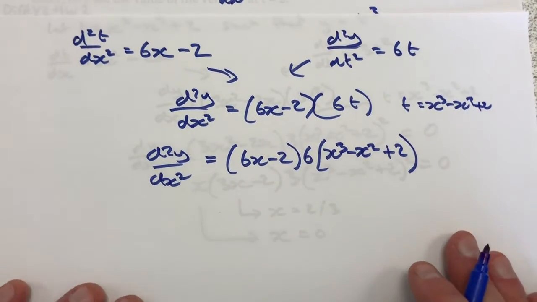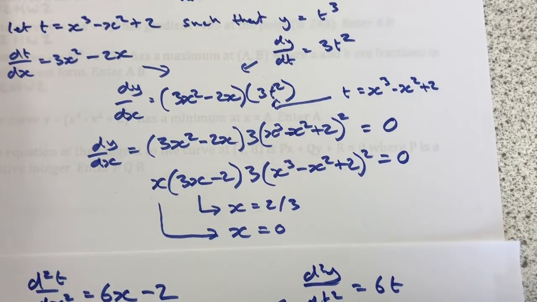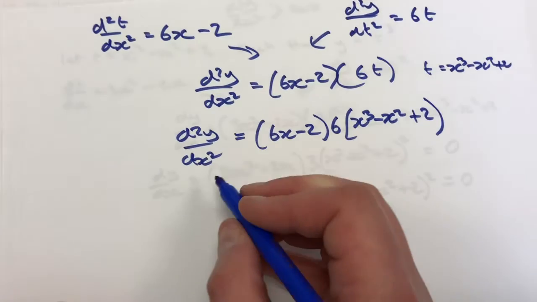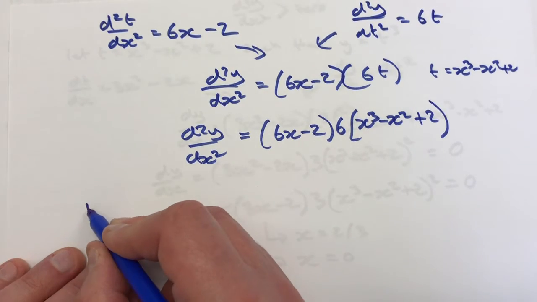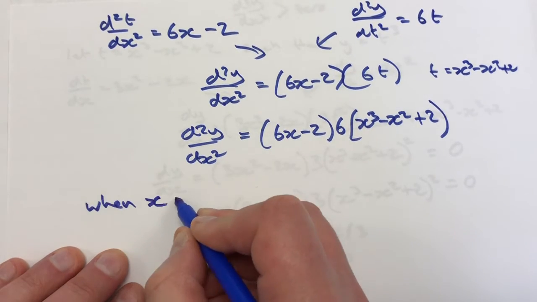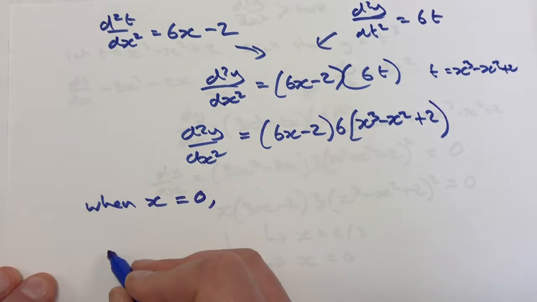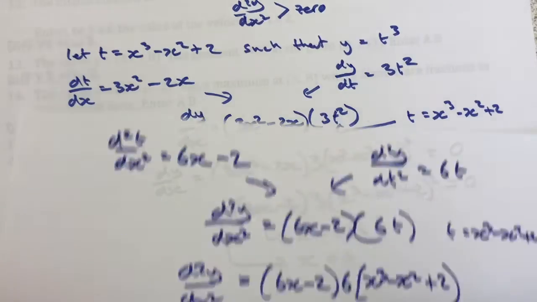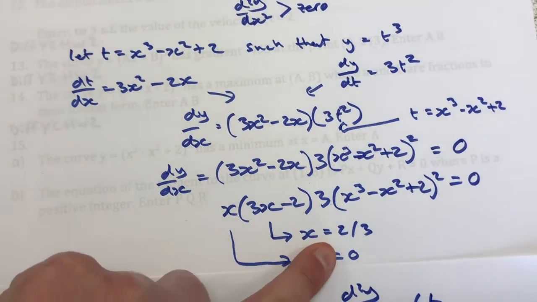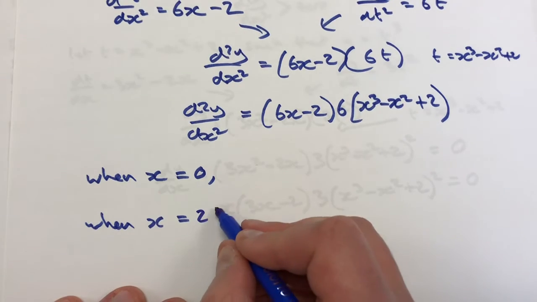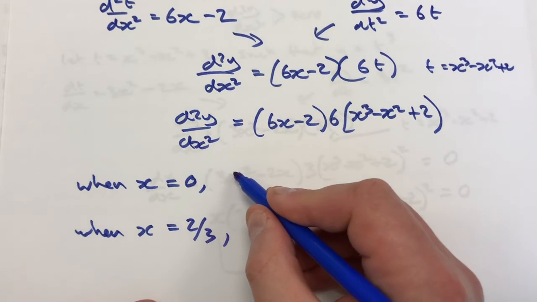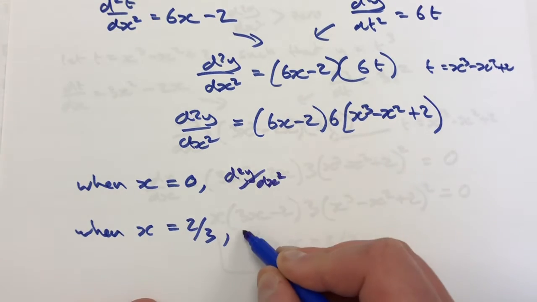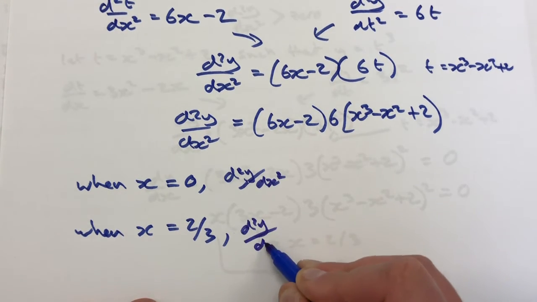So we have our two values of x from earlier. We have 2/3 and 0. So we need to inspect both of those using the second derivative. So I'll start with when x equals 0, and then when x equals, what was it, 2/3, when x equals 2/3, what does the second derivative come out as in these circumstances? d²y/dx².